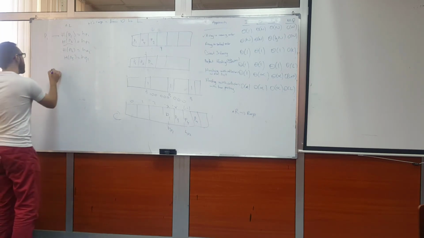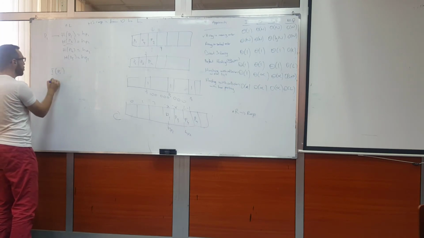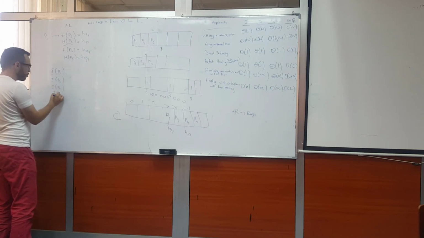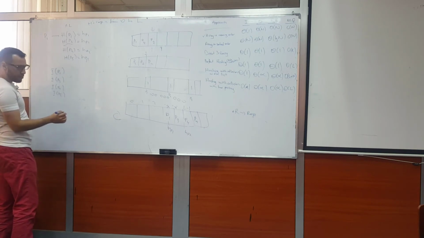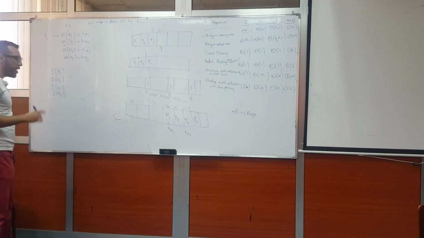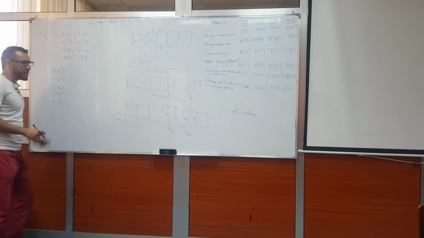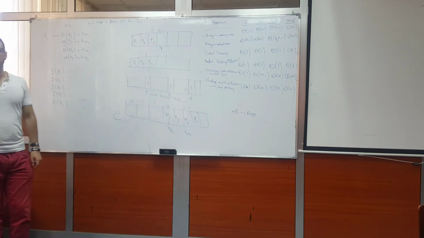So let's write the operation order clearly here. First we inserted P1, then P3, then P4, then P5. P1, P3, P4, P5. This is how it would look. And then let's say we delete P1. So what is going to happen is it's going to look like this, right?